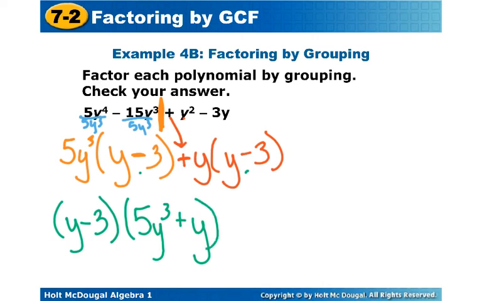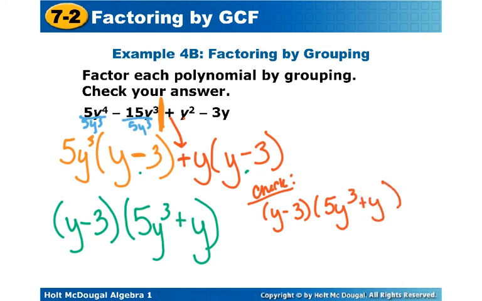And there you go. Now, to make sure I did it correctly, I'm simply going to perform a check by using my FOIL method. So y times 5y cubed is 5y to the fourth. Y times y is y squared.